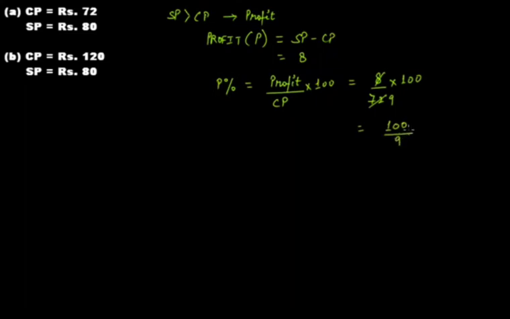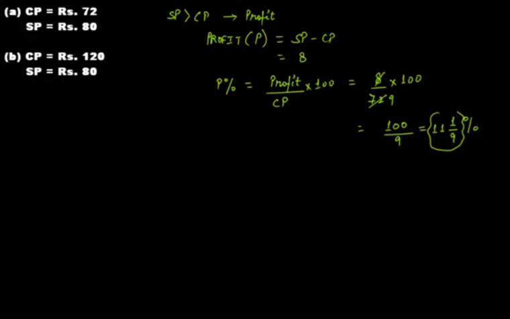Now if you have to write this, either you can divide it and write it in the form of a decimal number, or we can use the mixed number. I am using a mixed number. So this is a mixed number, and this is the percentage. The profit percentage is this much.